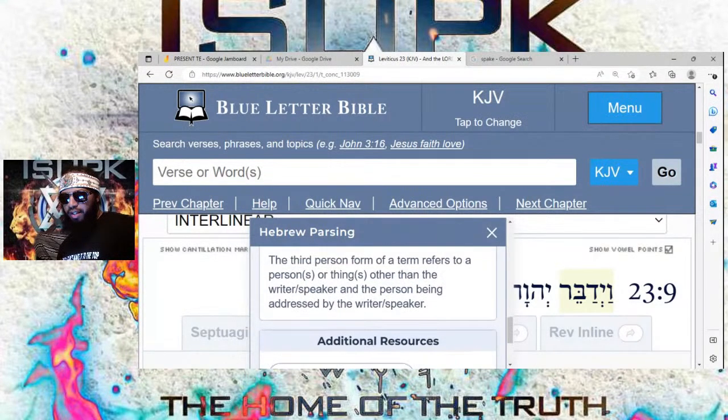So to make sense of it, the third person form of a term refers to a person or thing other than the writer or speaker and the person being addressed by the writer or speaker.